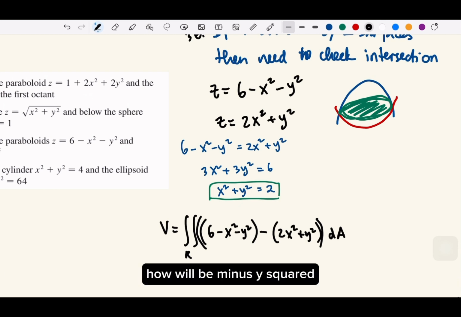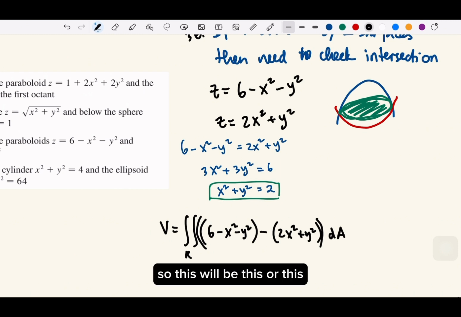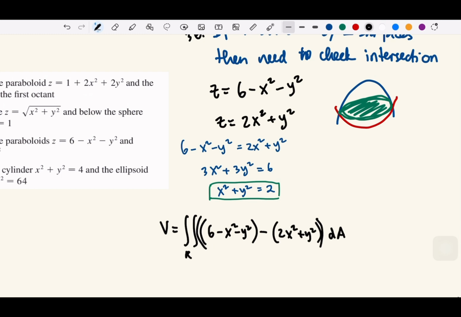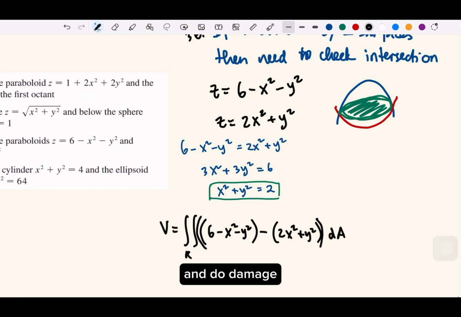If it's x, y, this is z. So if we see z and y, it's like y equals x squared in 2 dimensions, it's always this, right?